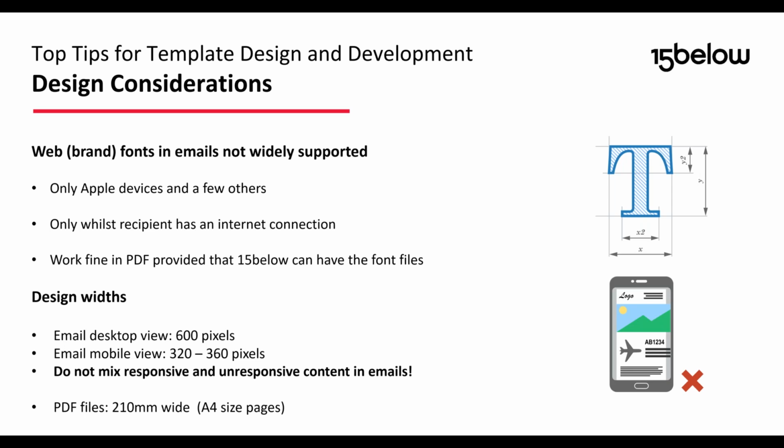It's also fairly printer friendly. The mobile view, we find about 320 pixels is realistic. And for PDFs, we work to a width of 210 millimeters. It's worth noting when working with PDF layout and structure that your dev may find it easier to specify sizes in millimeters.